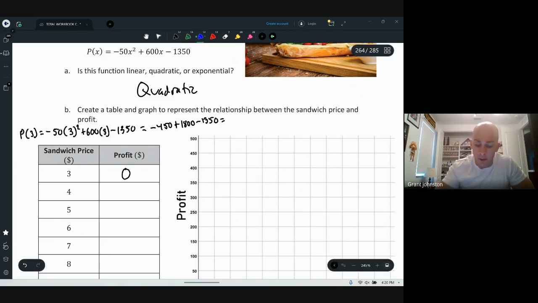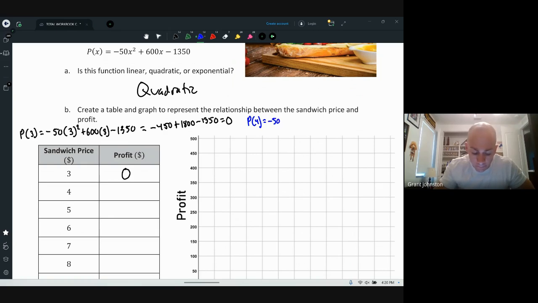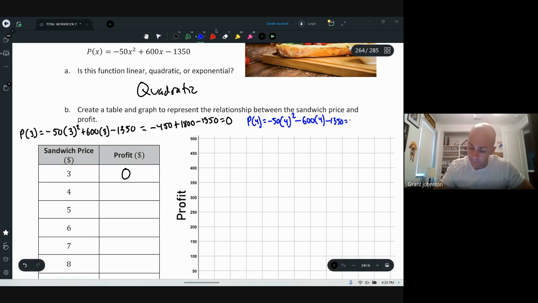Okay, let me plug in 4 now. So I'm going to do P of 4. I'm going to run out of room. So 4 to the second power is 16.